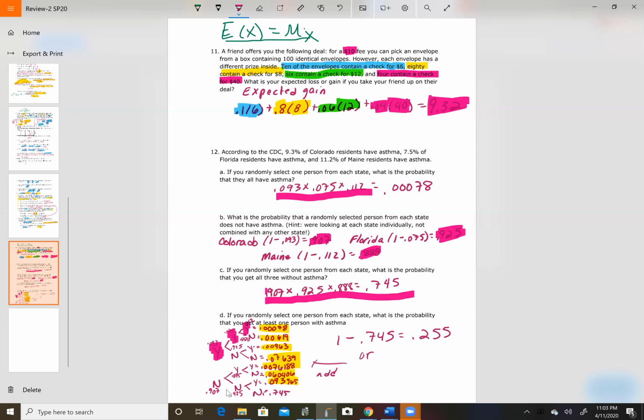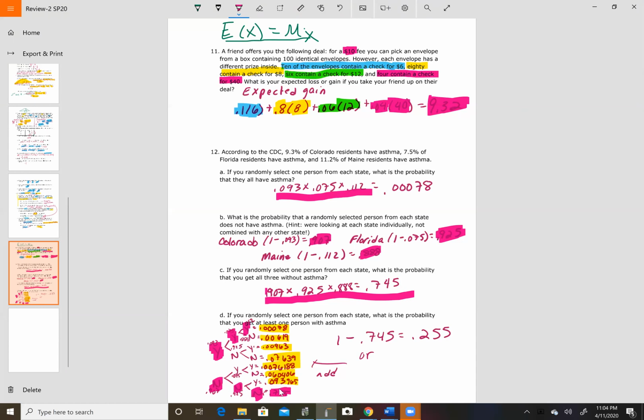And then this last question: if you randomly select one person from each state, what is the probability that you get at least one person with asthma? What I had to draw this out to see, but everything I highlighted in yellow has at least one person that has asthma.